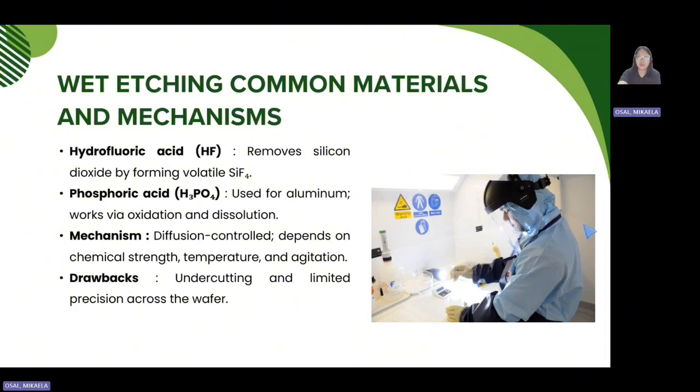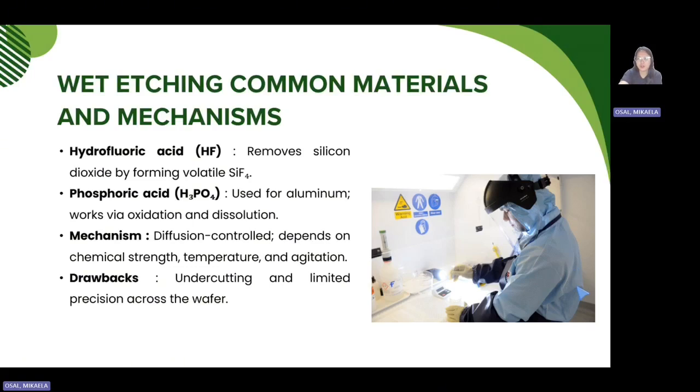Different materials require different chemicals for wet etching. For example, silicon dioxide is etched with hydrofluoric acid, while metals like aluminum might be etched using nitric acid mixed with acetic acid. The etching mechanism is usually a redox chemical reaction where the target material is oxidized and then dissolved.